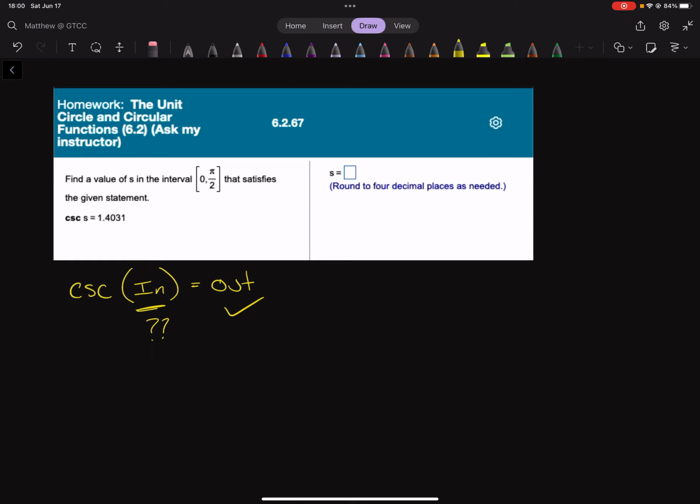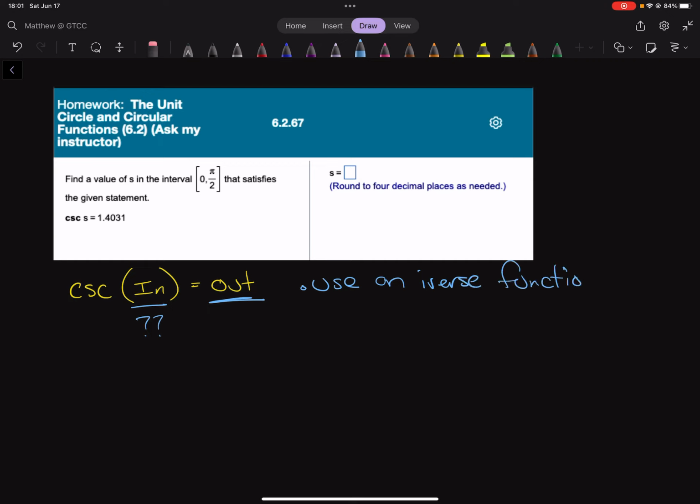If we're given the input and want the output, we can substitute directly into our trigonometric functions. But when we are given the output and don't know the input, we have to use inverse functions to determine that.